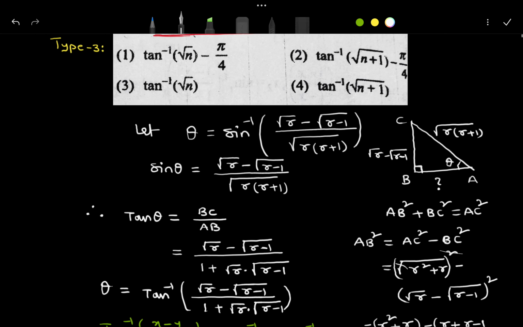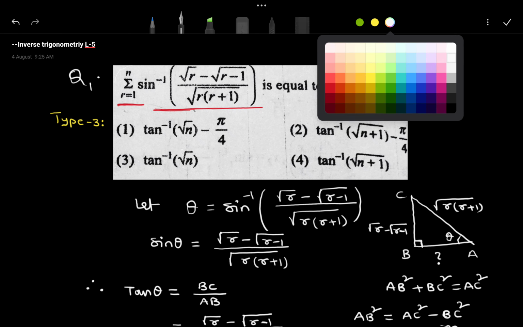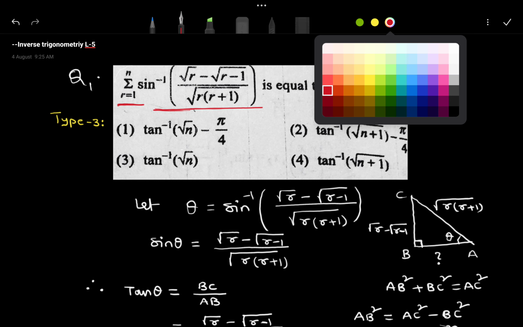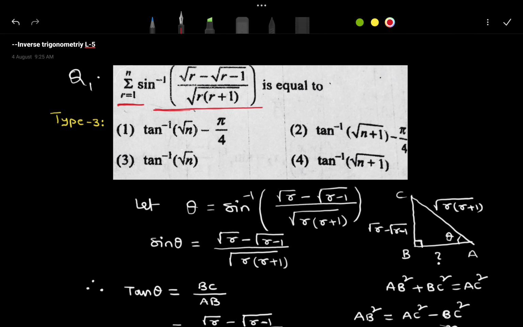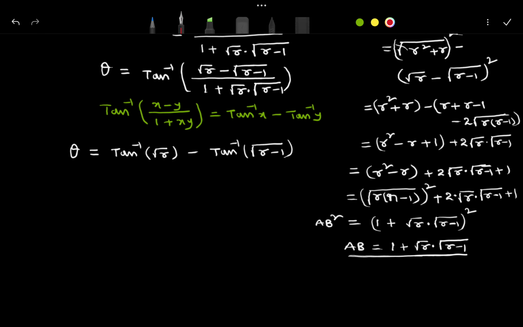Now according to the given question, you have to find sigma r equals 1 to n. See, here this value will be sigma r equals 1 to n of theta.